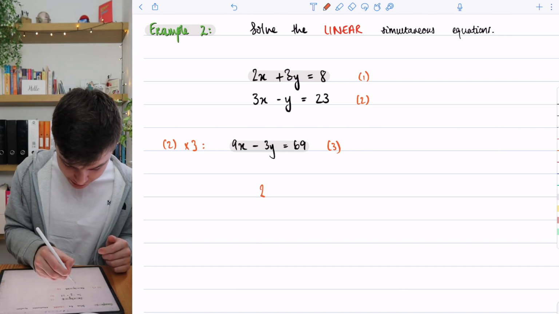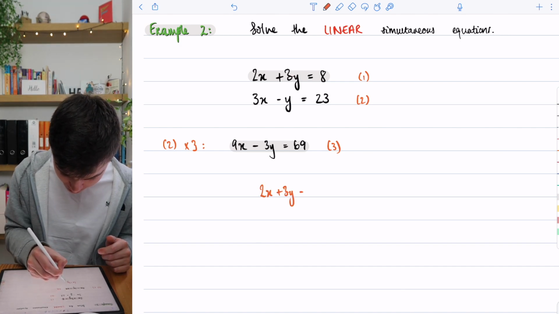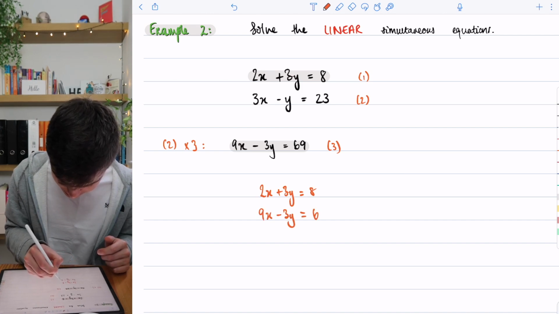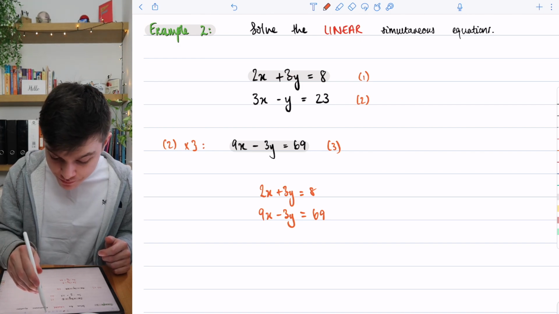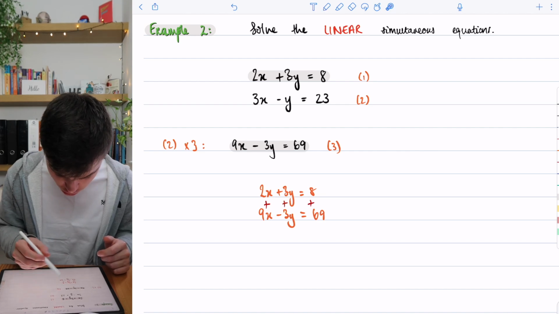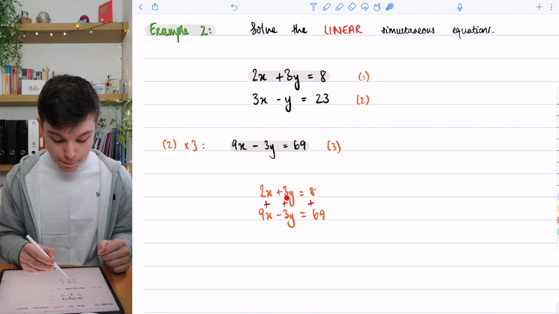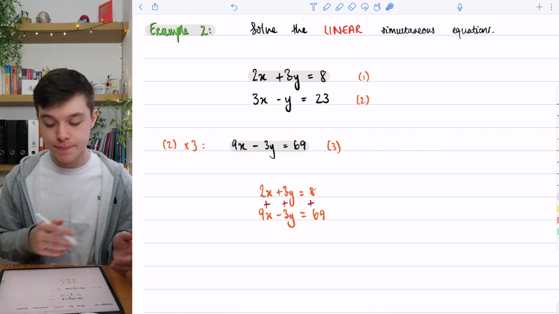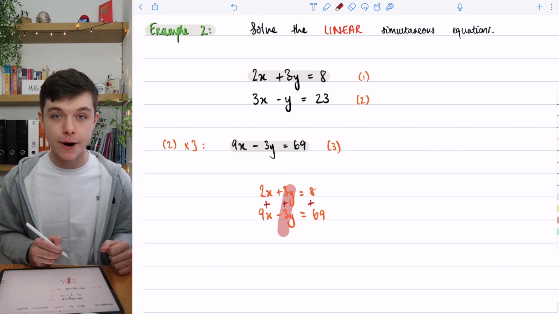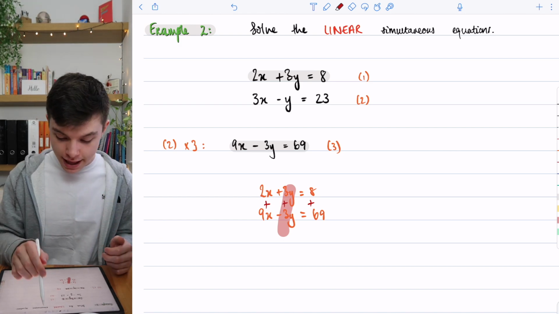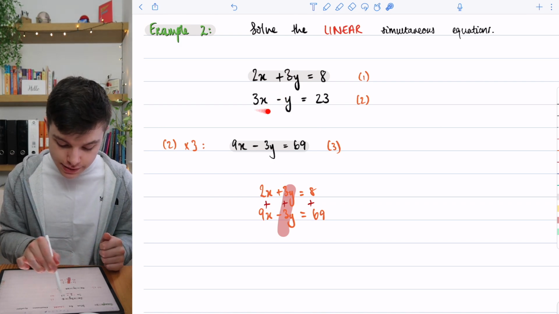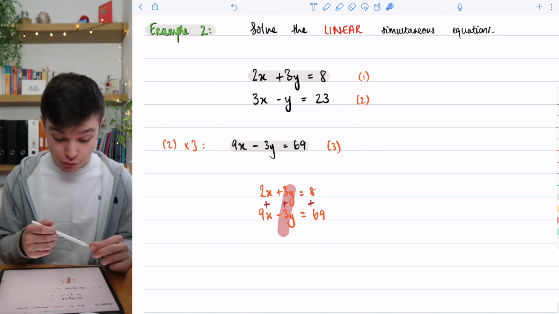Because if I write them out together, 2x plus 3y is equal to 8, and 9x minus 3y is equal to 69, and I'll add everything together, we will get 3y plus minus 3y. And then, nicely, they will just cancel each other out to give me 0. So when we've got different signs, like we have here, we need to add the two equations together. But in this case, we needed to multiply this equation by 3.